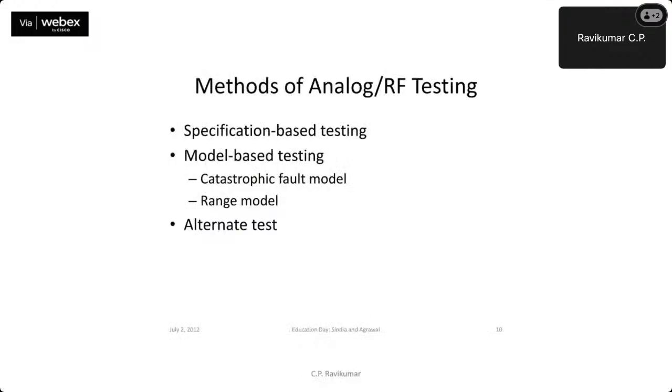So people try spec based testing. What is spec based testing? Does the IC meet the specification? For example, the bandwidth of this operational amplifier should be, let us say, 10 megahertz. Is it really 10 megahertz? Maybe it is not. Maybe it is only 8 megahertz.